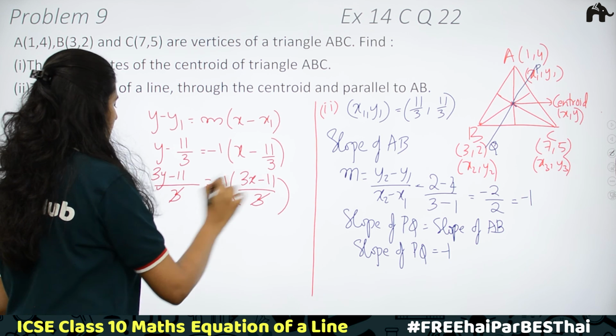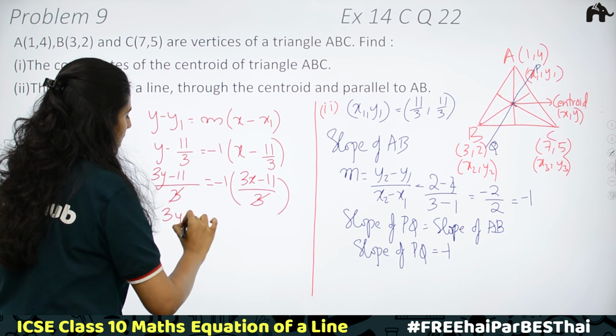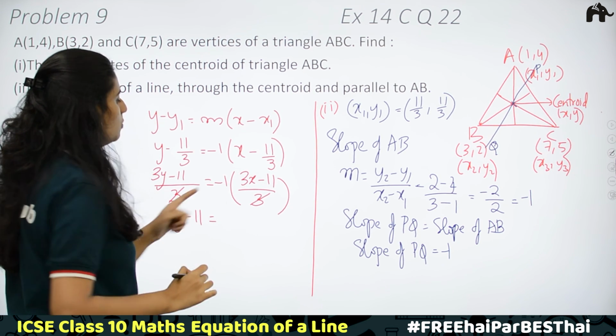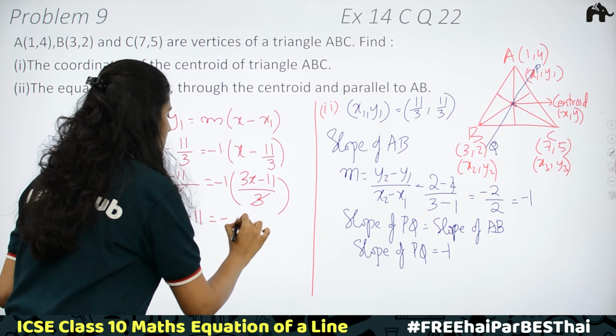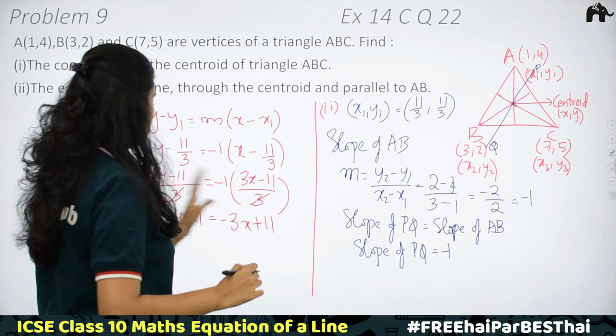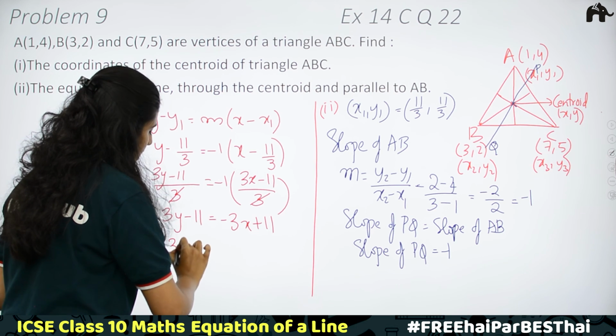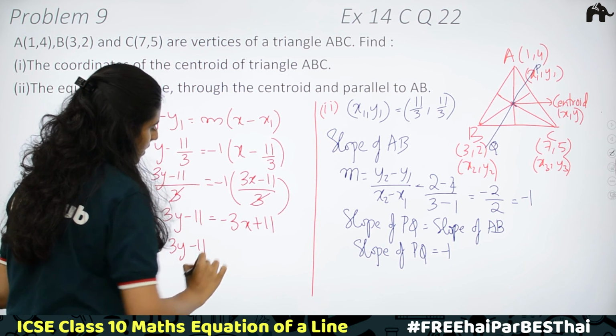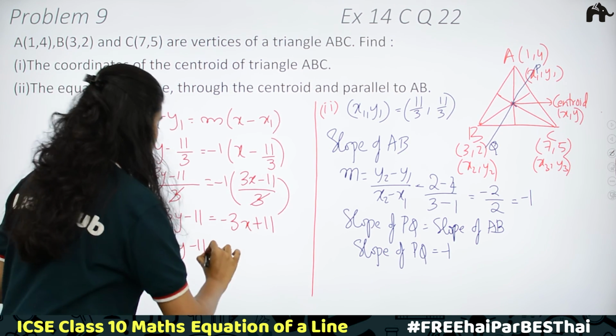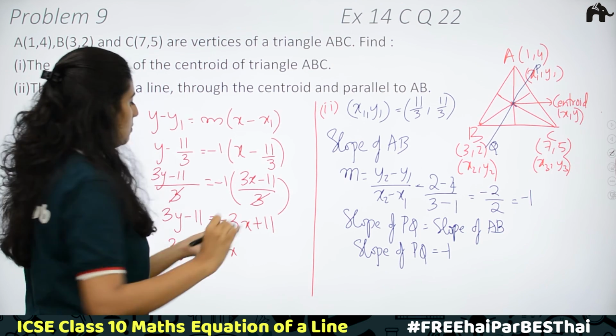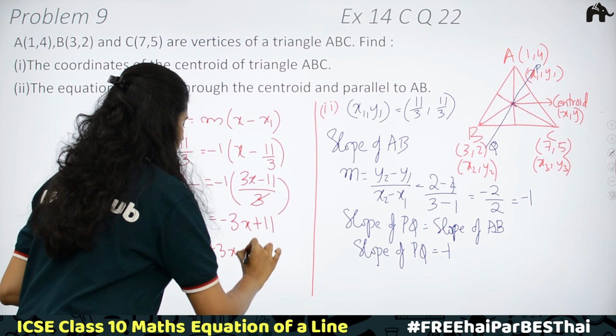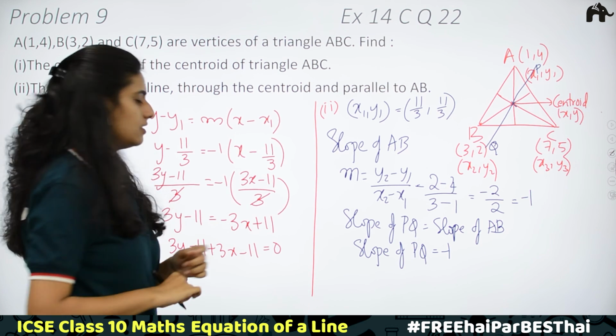Okay. Removing brackets and multiplying, we get 3y minus 11 is equal to minus 1 into 3x, which is minus 3x. Bringing them to the left hand side, we get 3y minus 11, minus 3x becomes plus 3x, plus 11 becomes minus 11, is equal to 0.